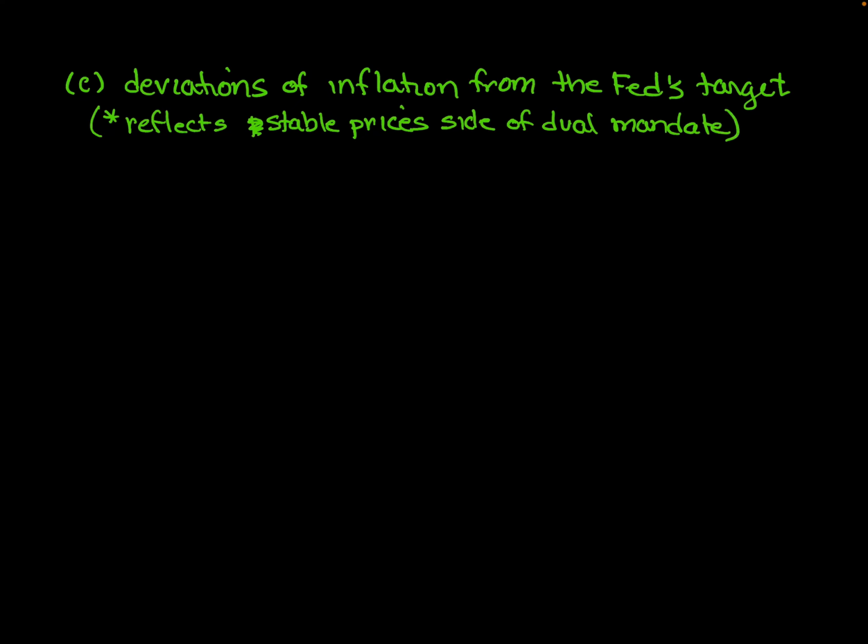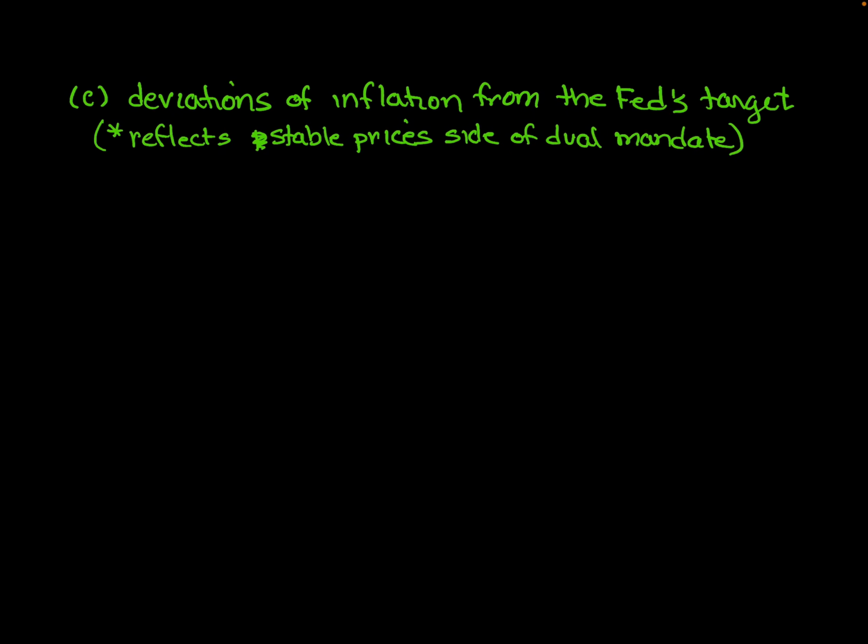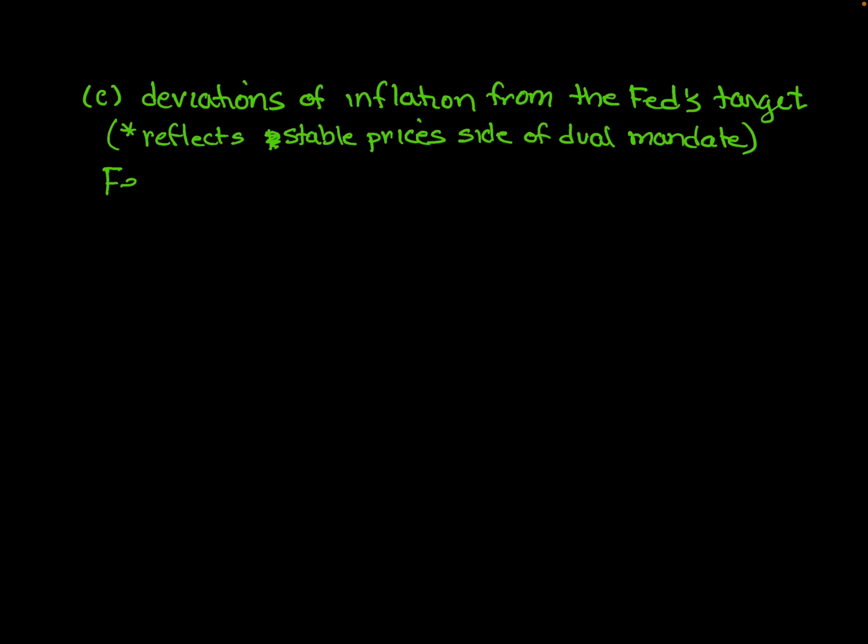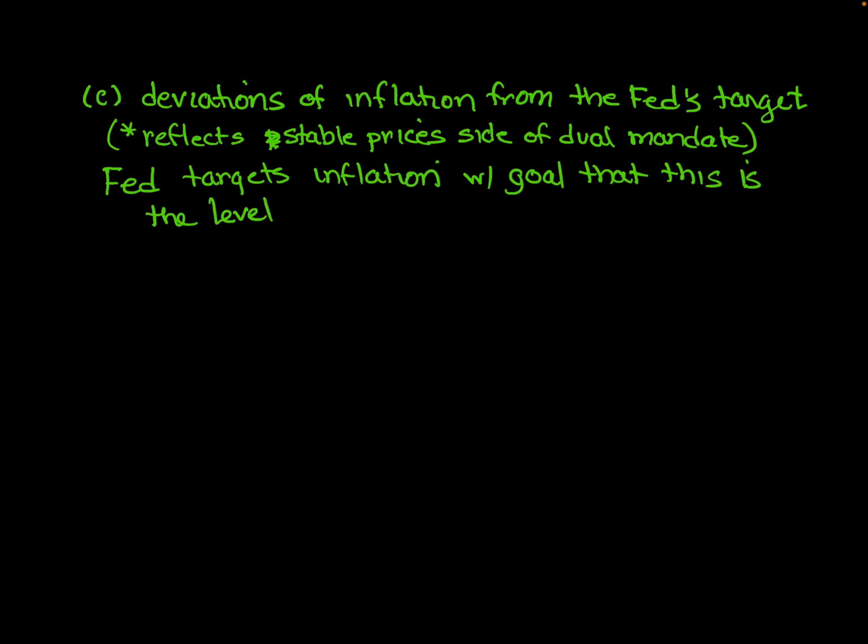And again, our starting point is that the Fed is going to target a rate of inflation where its goal is that that inflation target is the one that people come to expect. So the Fed targets inflation with the goal that this is the level people expect.